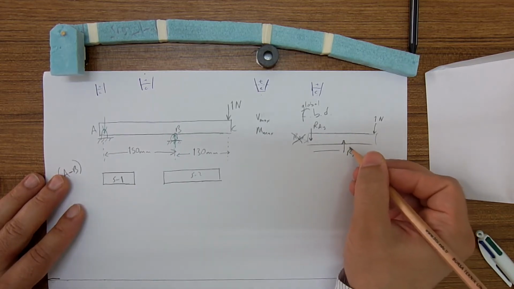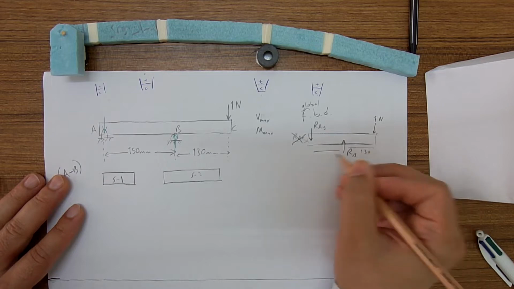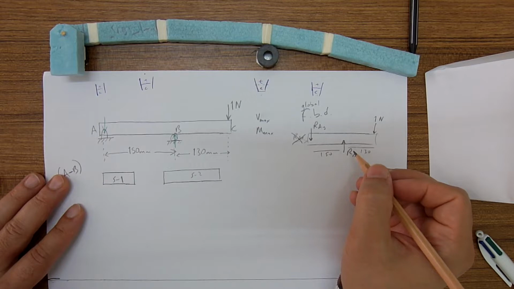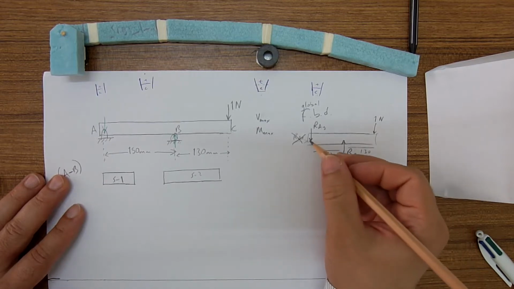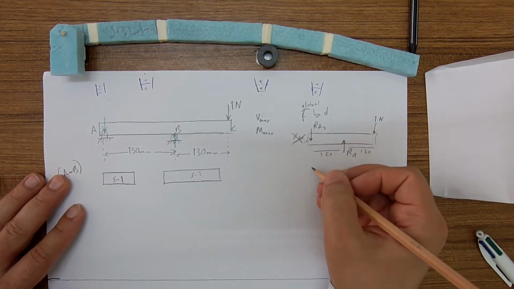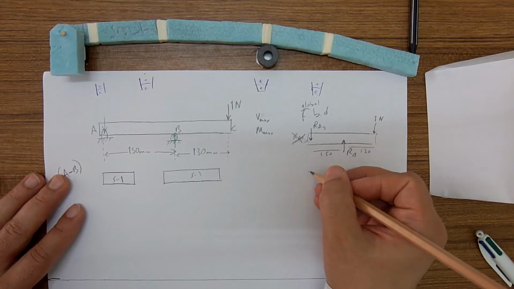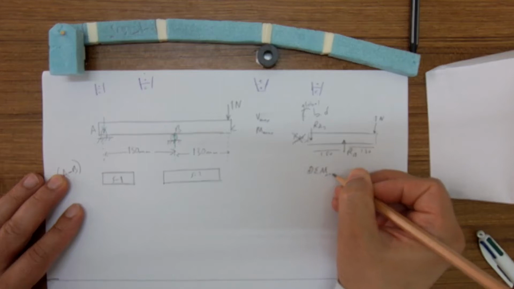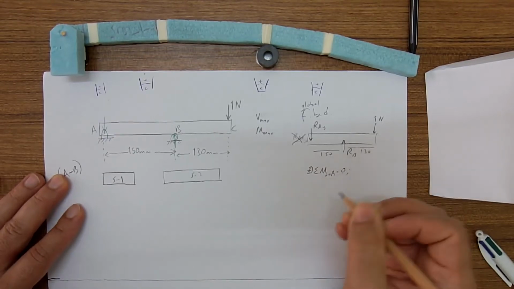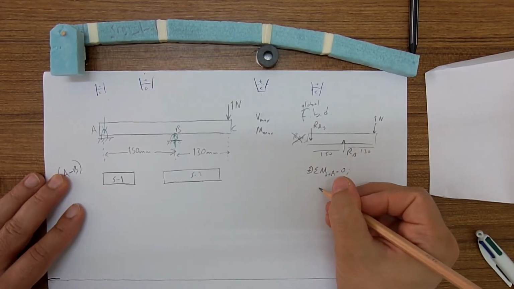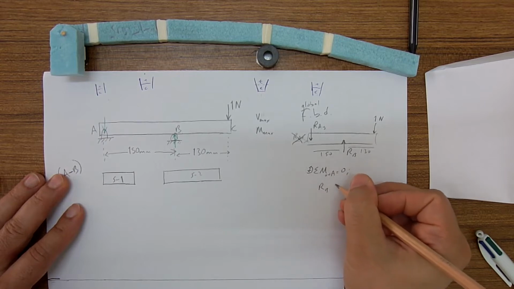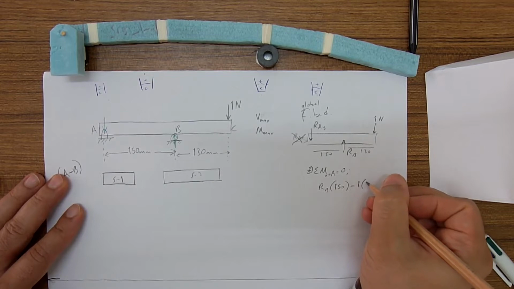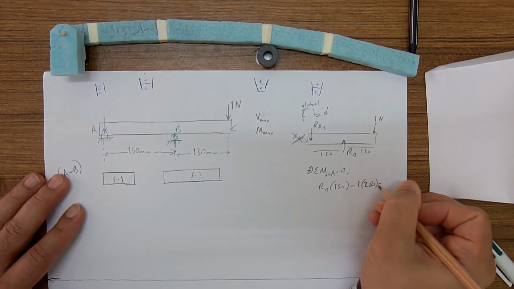So the distances we write 130, 150. I can start with a moment equilibrium equation because there are two unknowns vertically. If I take moment about point A, RB times 150 minus 1 times 280 equal to 0.